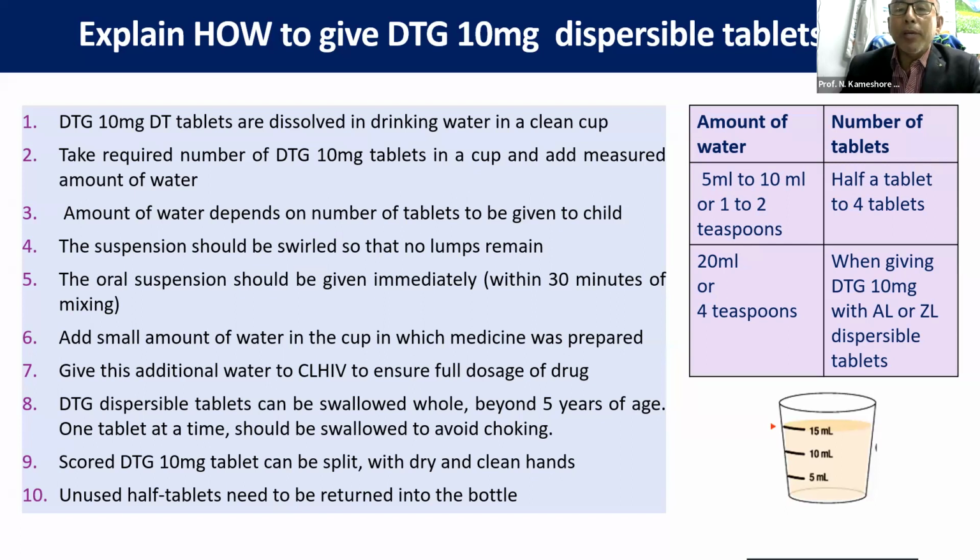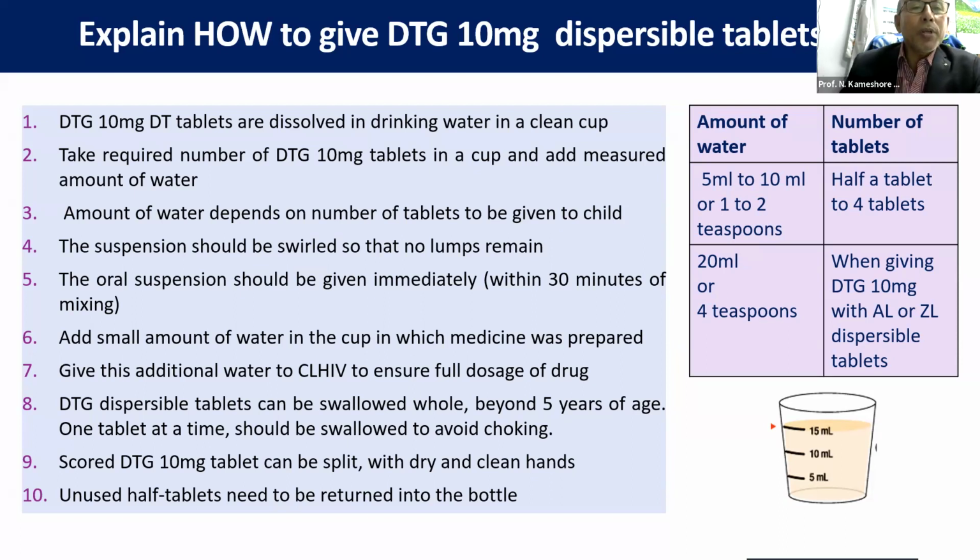So while giving DTG 10 milligram with either AL or ZL dispersible tablet, we can use 20 ml of drinking water or 4 teaspoonfuls. So that is to be maintained. The fourth point is that the suspension should be swirled so that no lumps remain in the container.